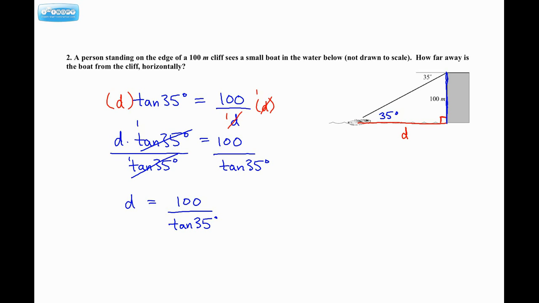Okay, so take our calculator, 100 divided by the tangent of 35, and I get d is approximately 143, and this would be meters. The units would have to be the same. Okay, and that number should seem fairly reasonable. If this is 100, this obviously appears to be somewhat bigger, not too much, so 143 seems reasonable.